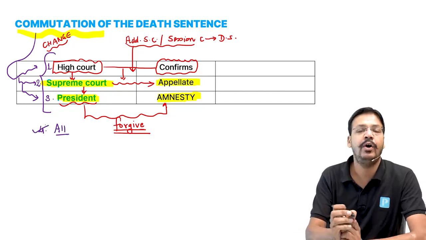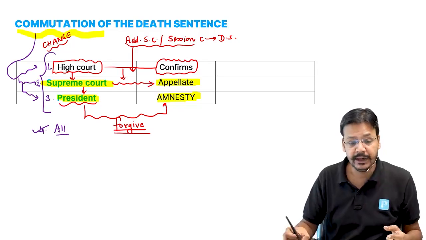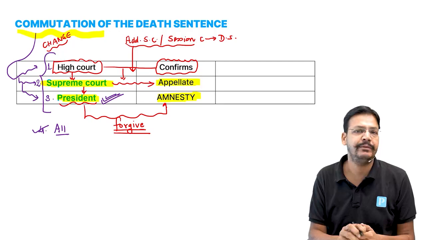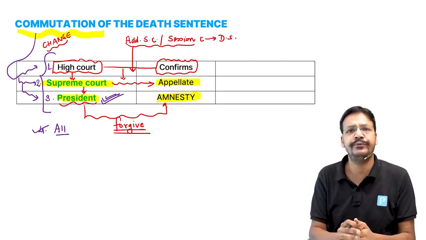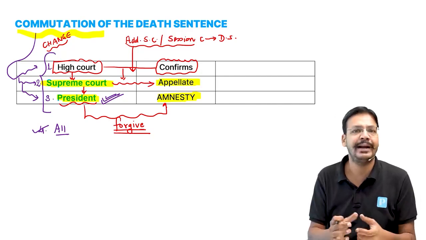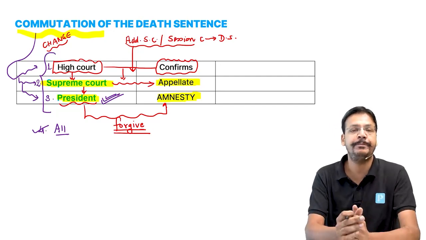The answer will be all. All can change the death sentence. But if you want to pick one, the best answer will be President. All four are right answers, but if you want to pick one, the best answer will be President. Amnesty power.